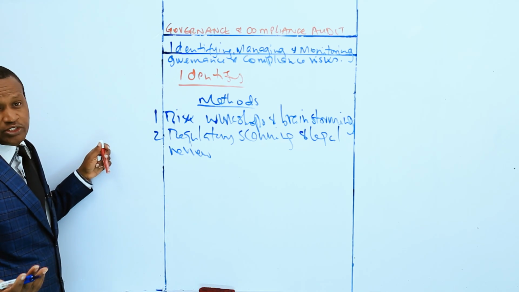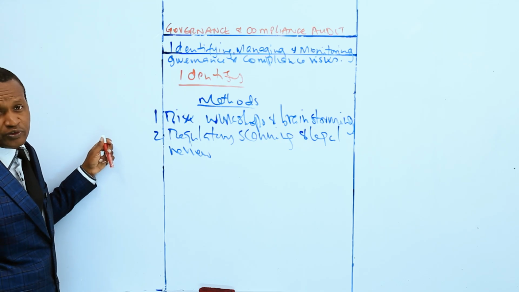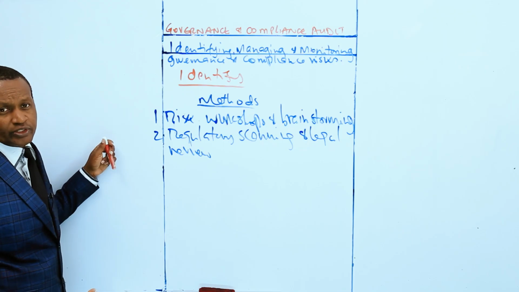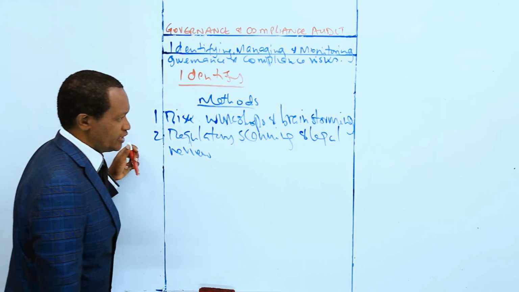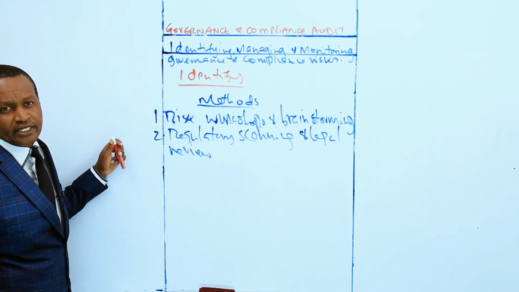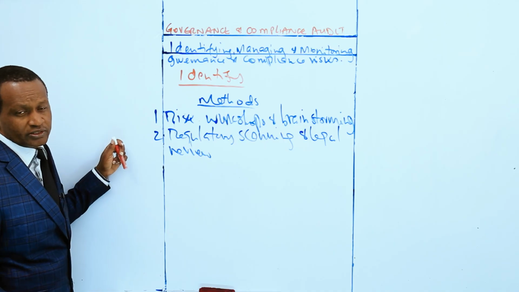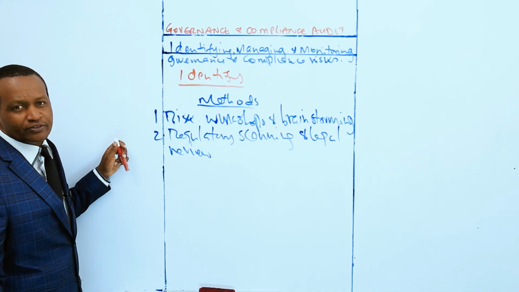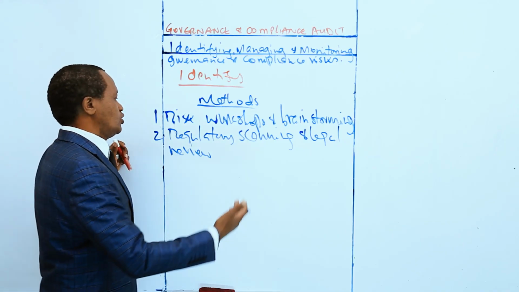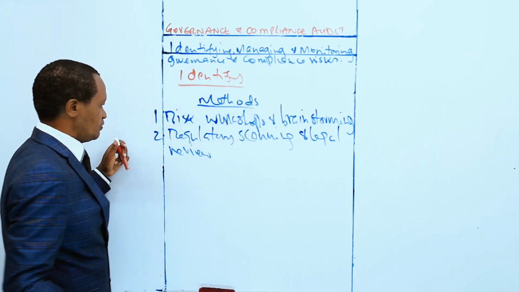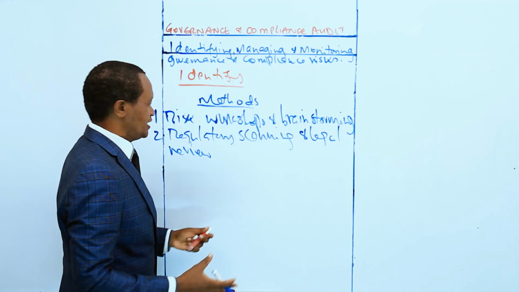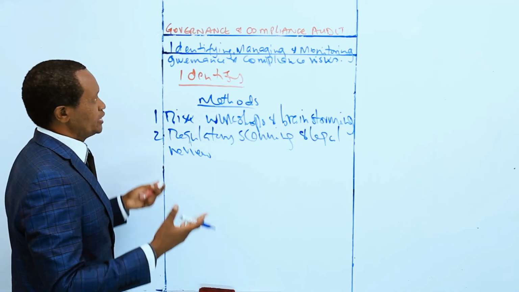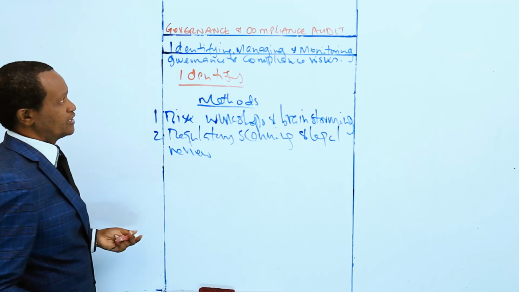In the Kenyan context, you may have regulatory review updates from the Kenya Revenue Authority, from the Capital Markets Authority, from the Central Bank of Kenya, from NEMA, and other relevant regulatory bodies. The company can decide to subscribe to legal updates from law firms, which also is very critical. So regulatory scanning and legal reviews can be a method that a company can use to identify the governance and compliance risks.